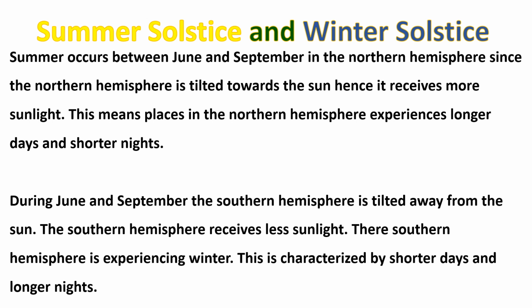So it's going to experience what is called the summer solstice, while at the same time in the southern hemisphere the earth is tilted away from the sun, so they're going to get less sunlight. And as they get less sunlight, they're going to experience much cooler conditions, and that's what we call the winter solstice.